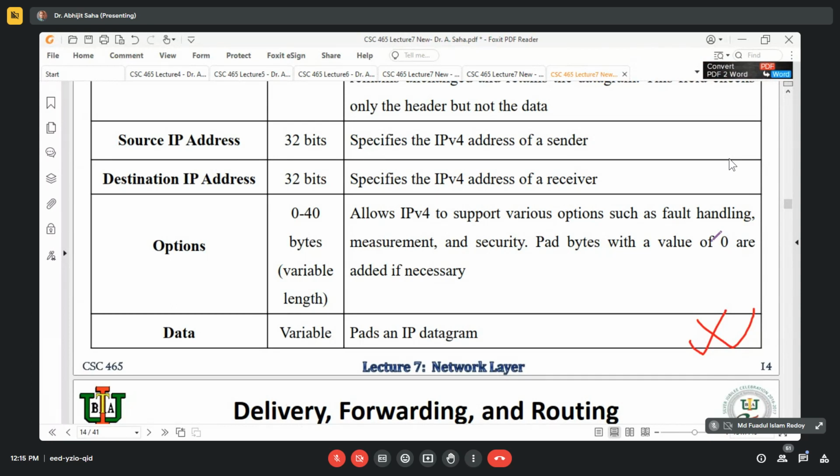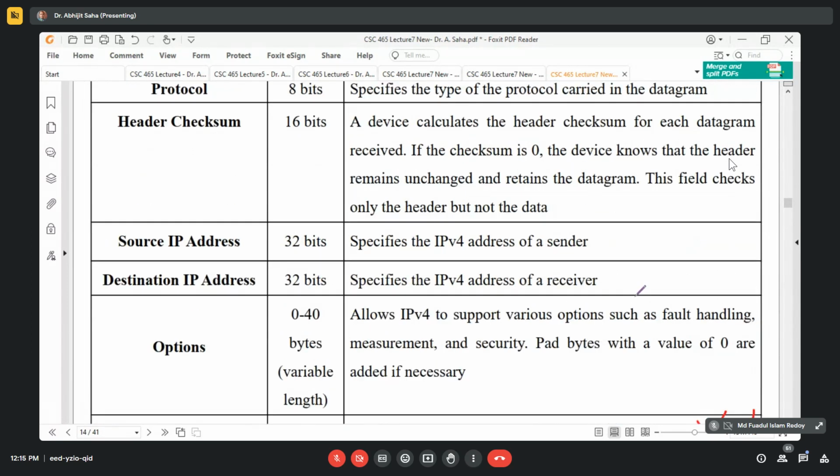From there also, I said definitely one question will come. Okay, so these are the things you have to study for your midterm examination. If you study these topics carefully, then I think there will be no problem, and you will be able to answer all the questions in the midterm examination. So please make sure all of you are studying and preparing accordingly.